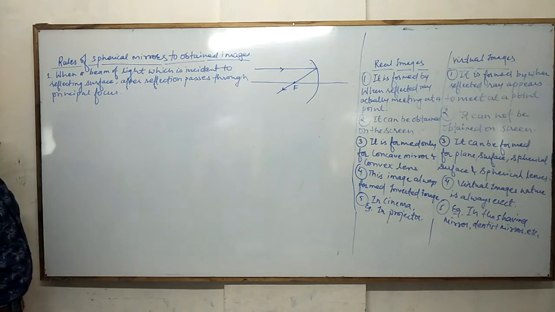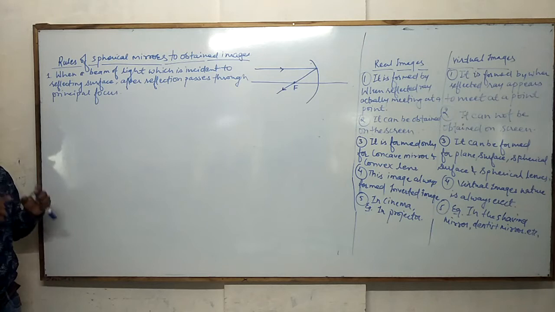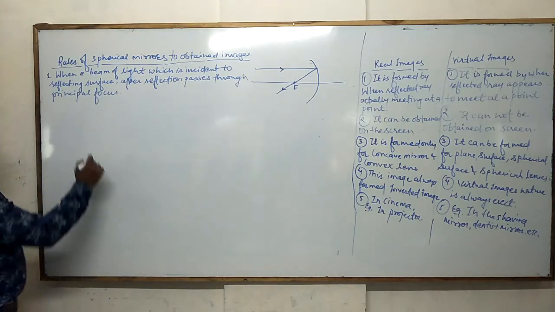So this is our first rule. It means if any ray which strikes the concave mirror surface, after reflection it passes through the principal focus.